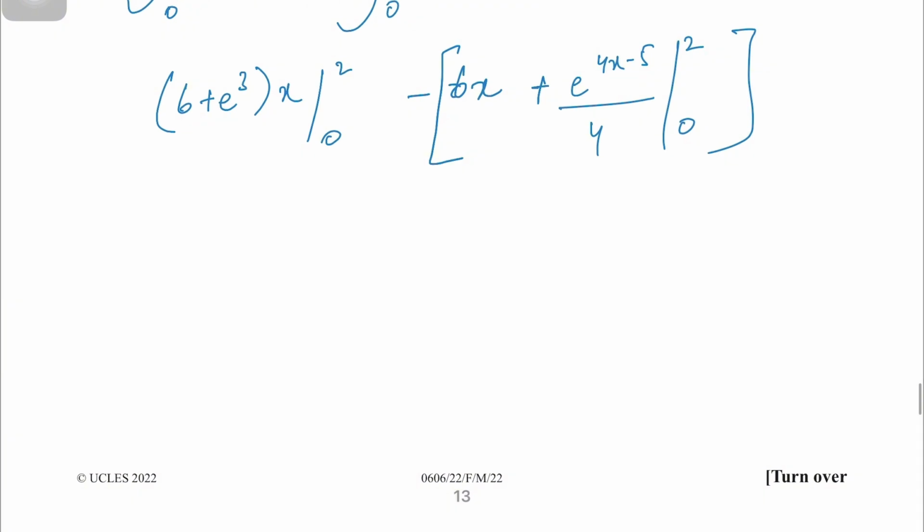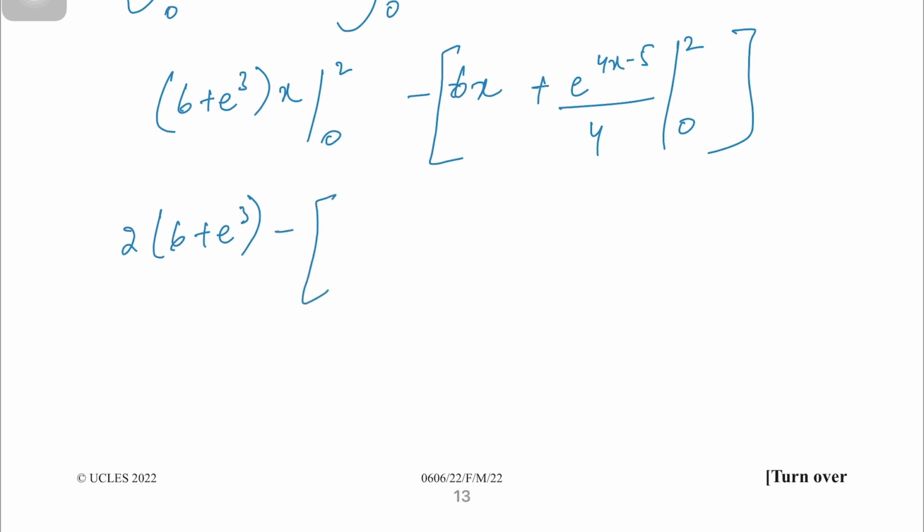So when we apply the limits, we get it as 2 multiplied by 6 plus e cubed, and when we apply 0, we get nothing, so this would be empty.